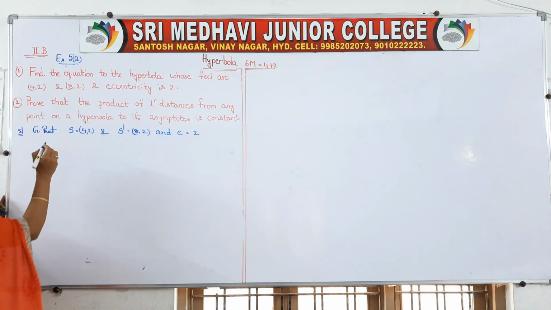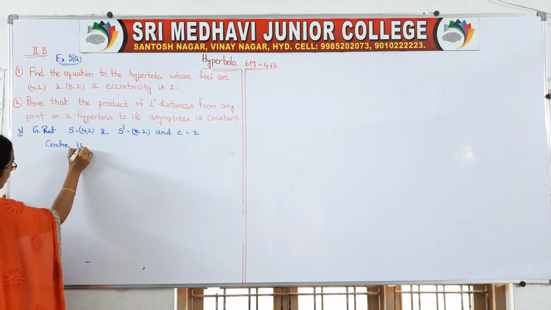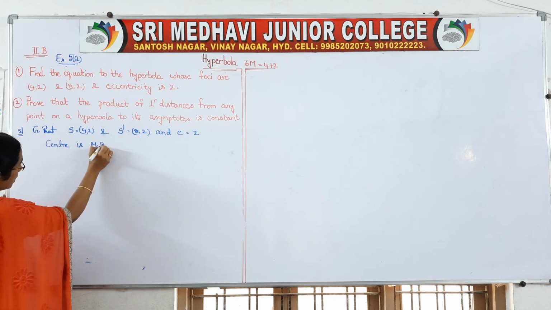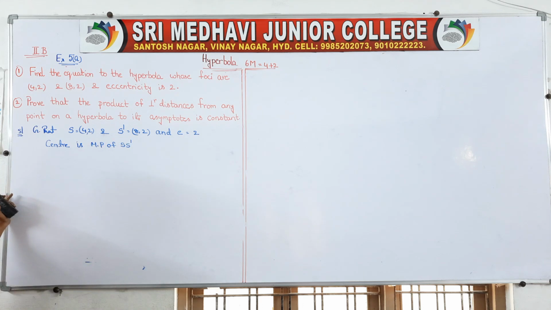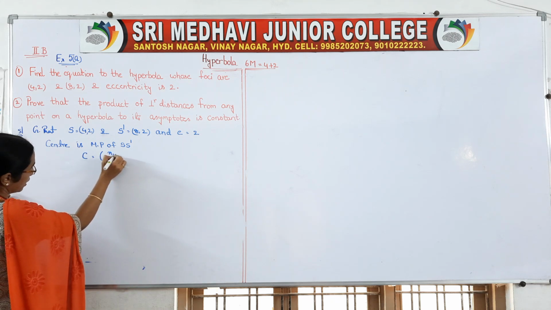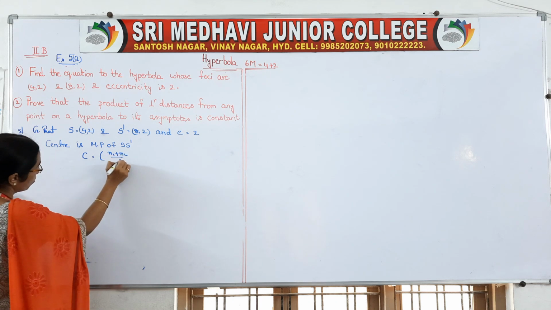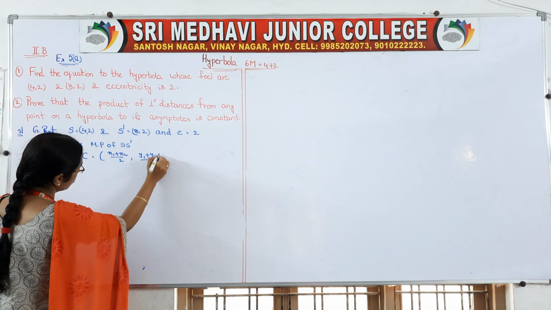Now the center is the midpoint of S S dash. You know the midpoint formula: (x1 plus x2 by 2, y1 plus y2 by 2).